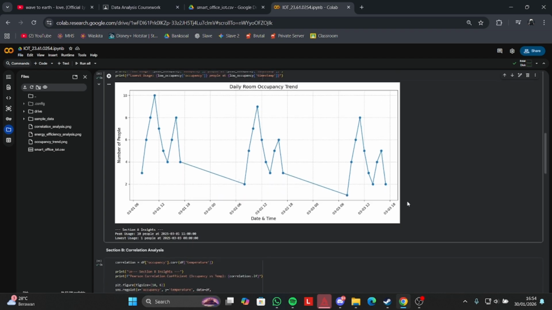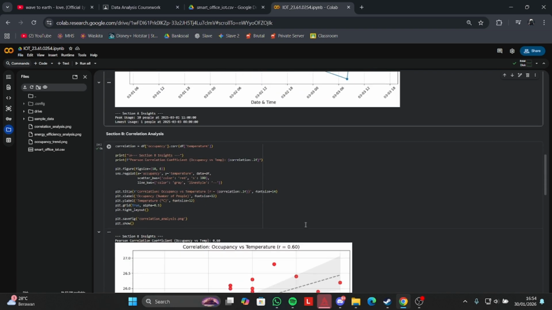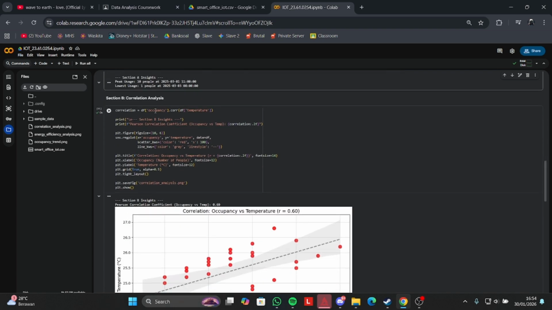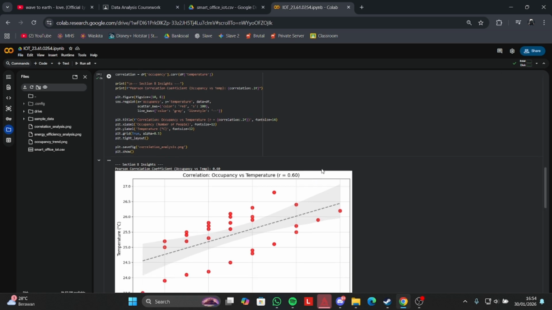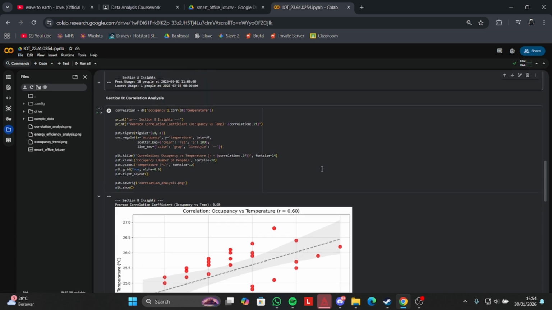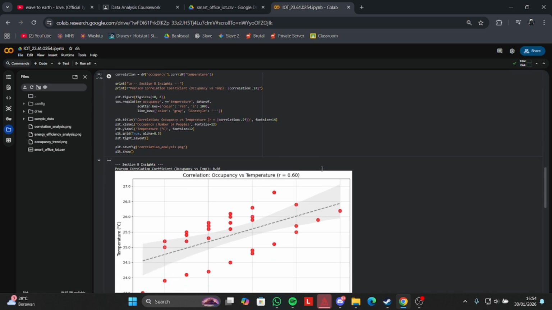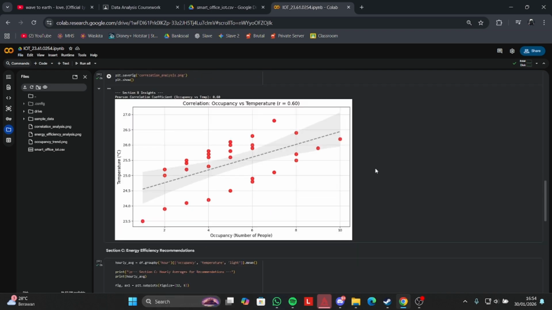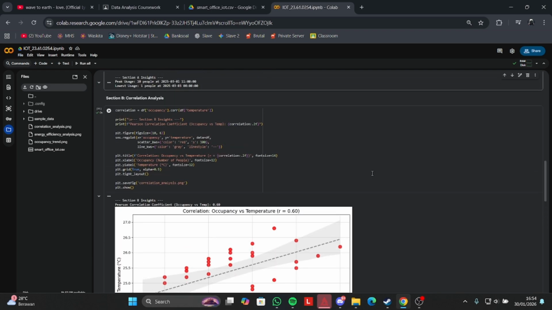Okay, that's for Section A. Let's go to Section B. Section B is about correlation analysis. As you can see, here's the code. Here's the correlation between occupancy and temperature.